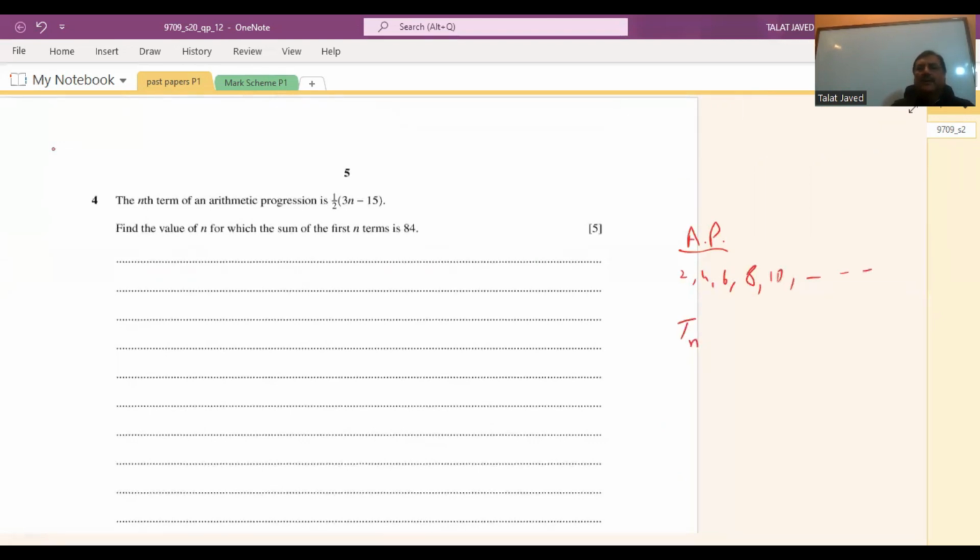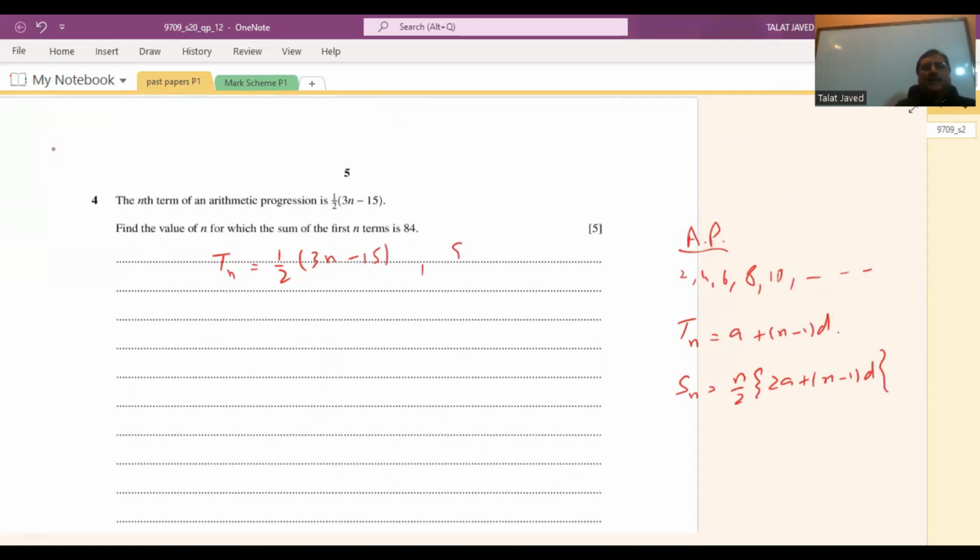The formula to find its nth term is Tn equal to a plus n minus 1 into d, and the formula to find the sum is n over 2 into 2a plus n minus 1 into d. But in this question, the nth term of the progression is given, Tn equal to 1 over 2 into 3n minus 15. So we have to find the value of n for which the first n terms.